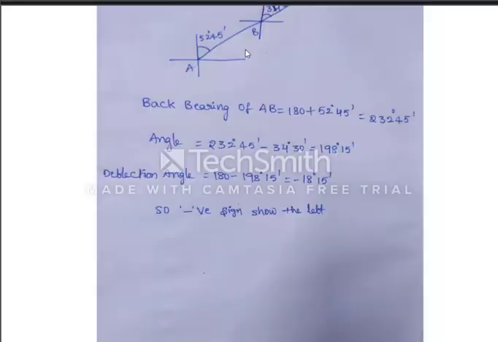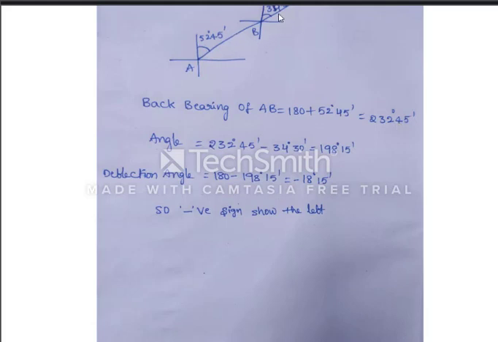From A to B the bearing is 52 degrees 45 minutes. From B to C the bearing is 34 degrees 30 minutes. Firstly, we calculate the back bearing of AB. Forebearing of AB is 52 degrees 45 minutes and the back bearing is 180 plus 52 degrees 45 minutes, which gets 232 degrees 45 minutes.